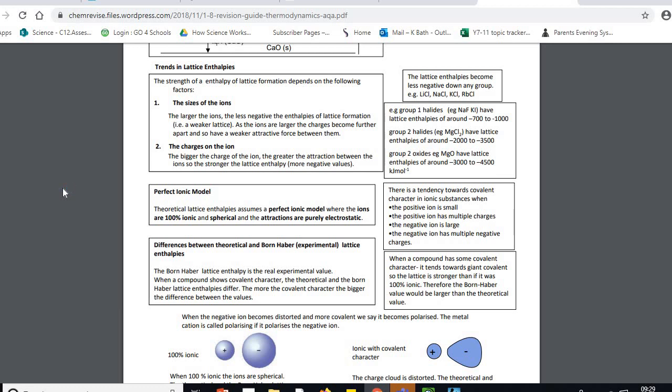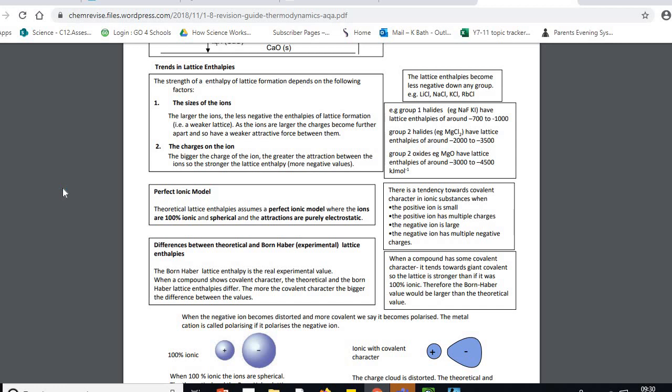Okay, the smaller the ion, the more tightly packed it can be, the greater the negativity of that enthalpy.